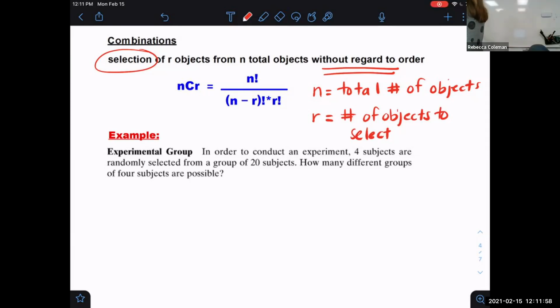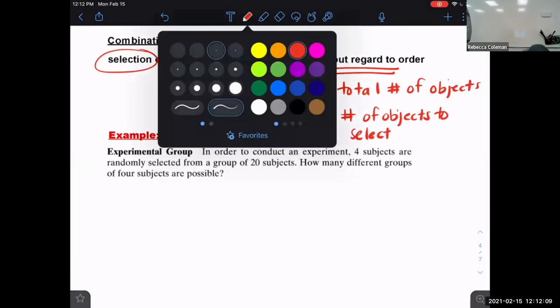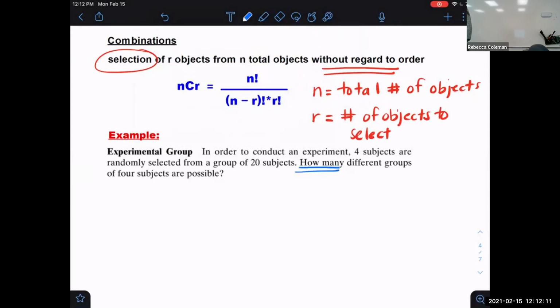So for example, I'm going to conduct an experiment. I need 4 subjects to be randomly selected from a group of 20. And the question here, what I'm counting, how many different groups are possible? So I look at this and I say, okay, I'm looking to count. I'm going to use one of my counting principles, but I'm only counting the number of groups that are possible. And the order doesn't matter at all.